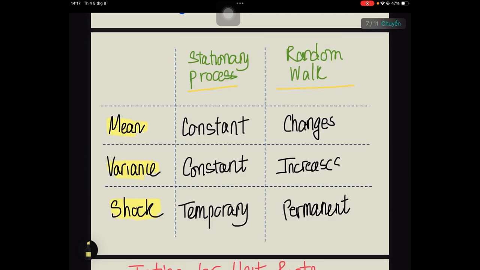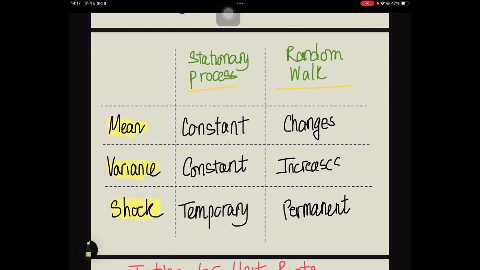So let's compare the two ideas. A covariance stationary process has three important characteristics. First, a constant mean. The average level does not change over time. Second, a constant variance. Volatility remains stable. Third, a constant covariance structure. The relationship between observations at different lags remains stable.